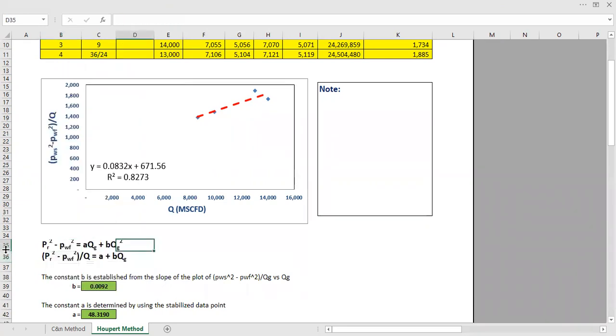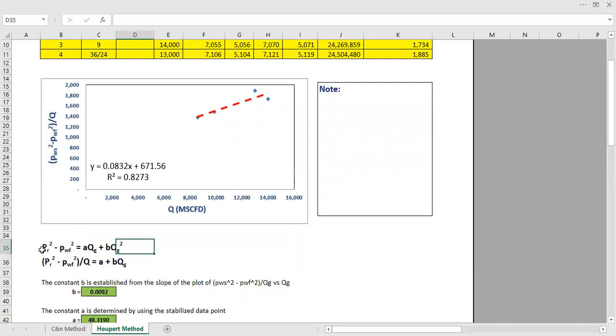So it's like this. So you can use PR, which means the average reservoir pressure, or you can also use PWS or static bottom hole pressure. They are actually the same. Average reservoir pressure represented by the static bottom hole pressure. They are quite the same.